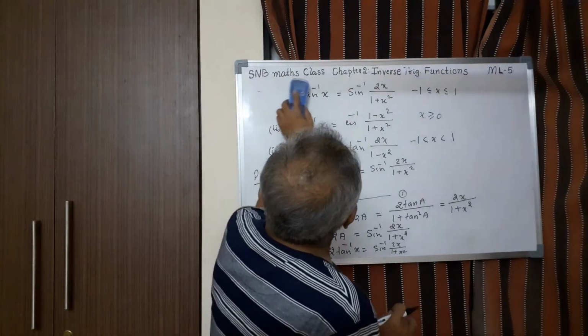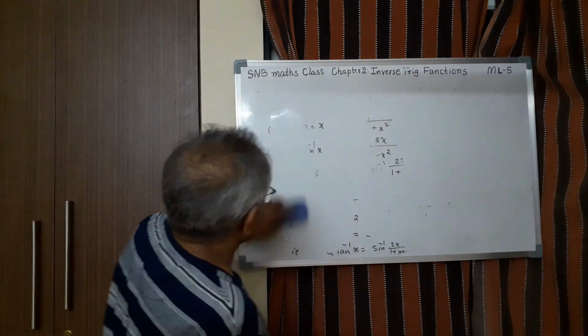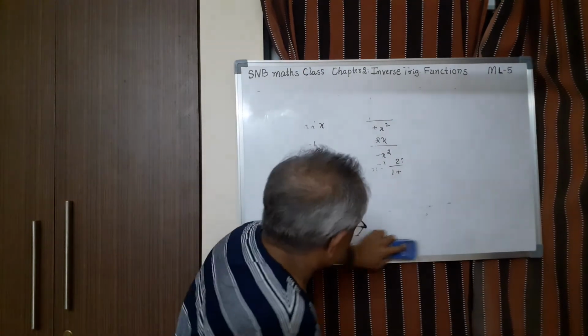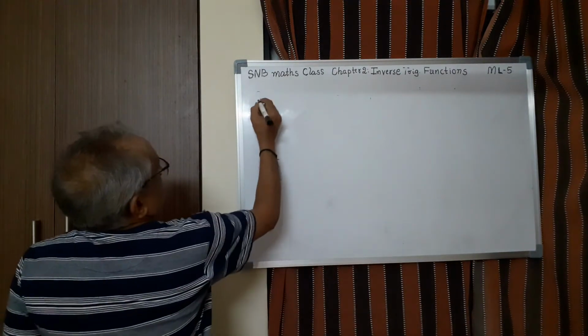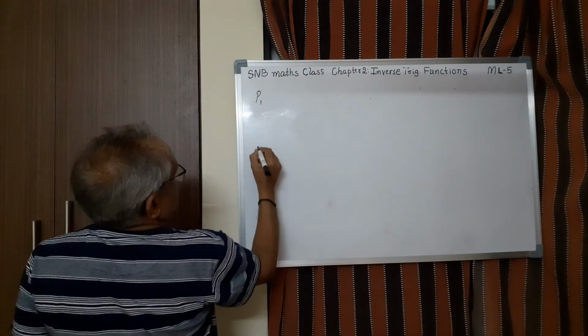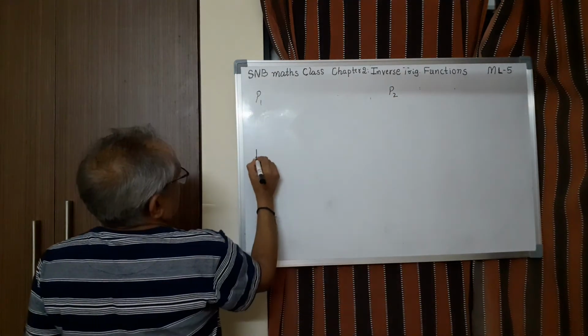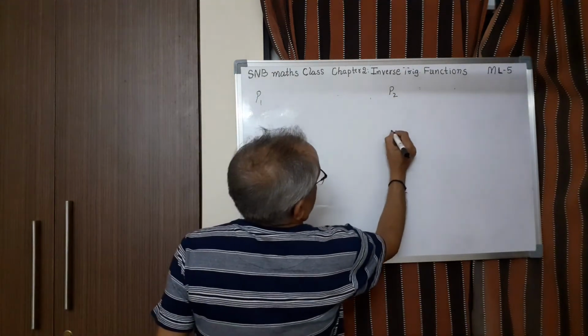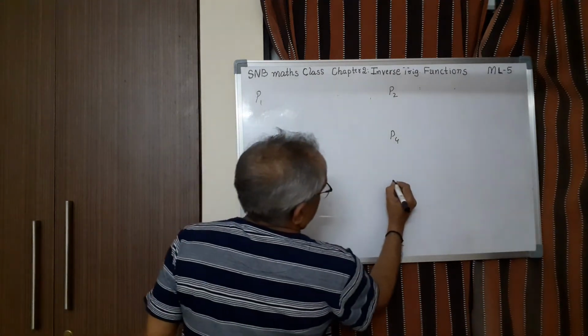So let me sum up now, because we have considered in the last 2-3 lessons different properties of inverse trigonometric functions. Totally P1, this is the first one, second one is P2, third one is P3, next one is P4, then P5, P6.